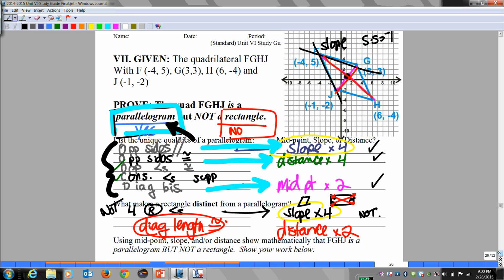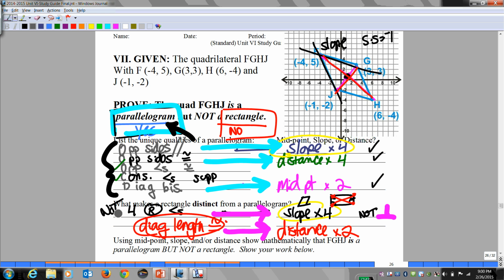But then to disprove that it's a rectangle, their choices are this. Slope again times 4 and show that they're not perpendicular, therefore it can't be a rectangle. Or the diagonal lengths, find them, and if the diagonal lengths are not congruent, it is not a rectangle.